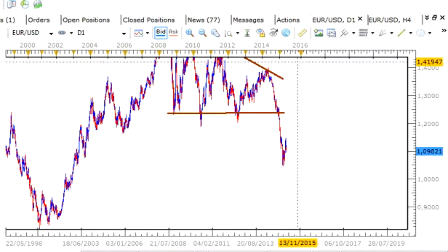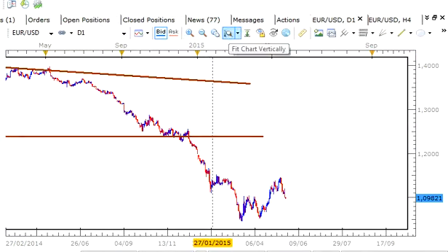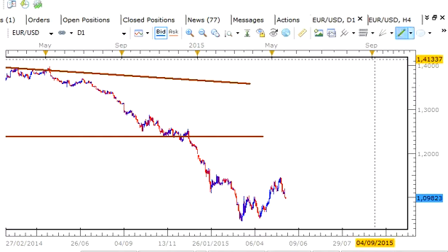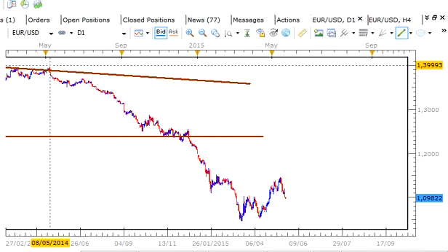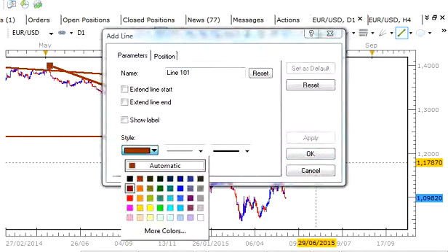Now, in terms of the swing trading opportunities that might present themselves in the short term, here we see that the market created several downtrend lines along the way.